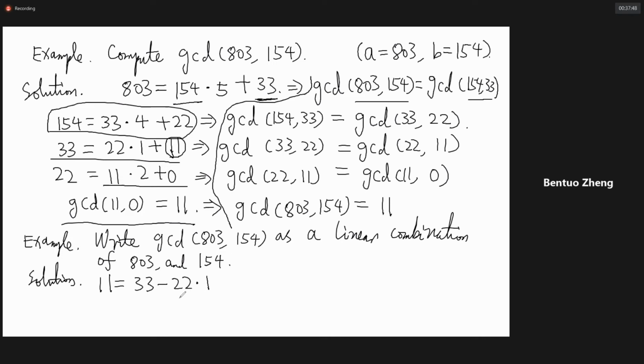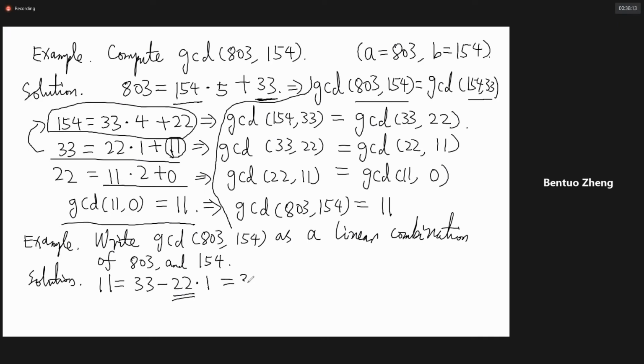Okay, now the next step is you go one step up. When you go one step up from here to here, now 22 is a remainder. So you are going to replace 22 as a linear combination of 154 and 33. Here we're going to replace this 22.